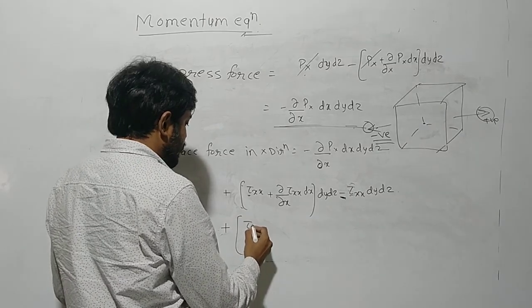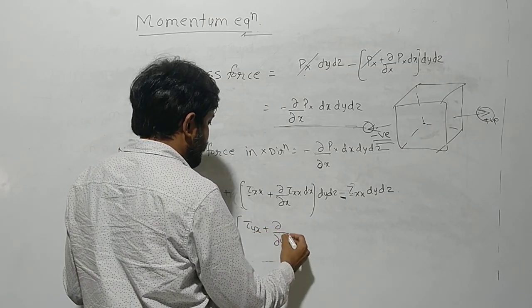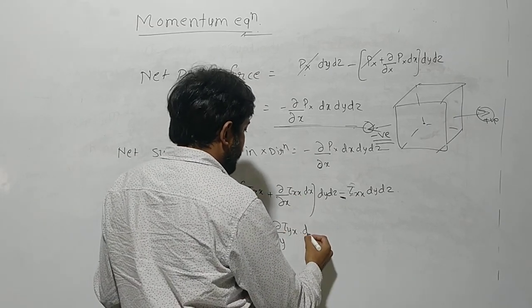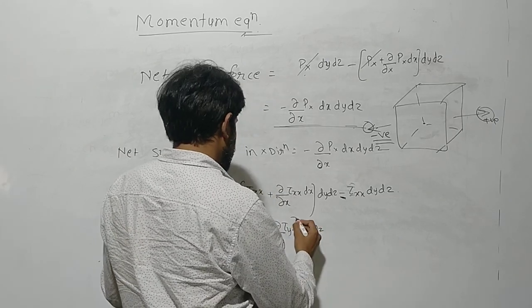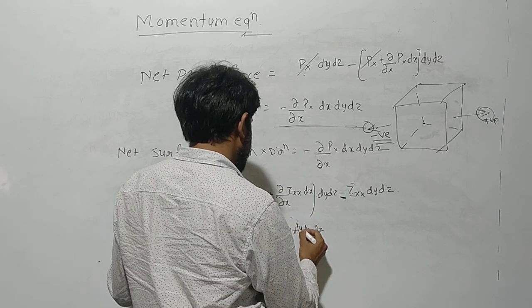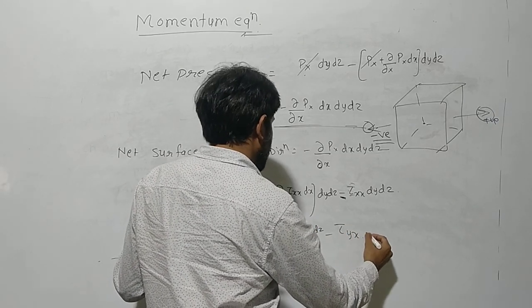Similarly for tau yx, plus del y of tau yx, into dx into dz, the surface area. So this is dy, minus tau yx dx dz.